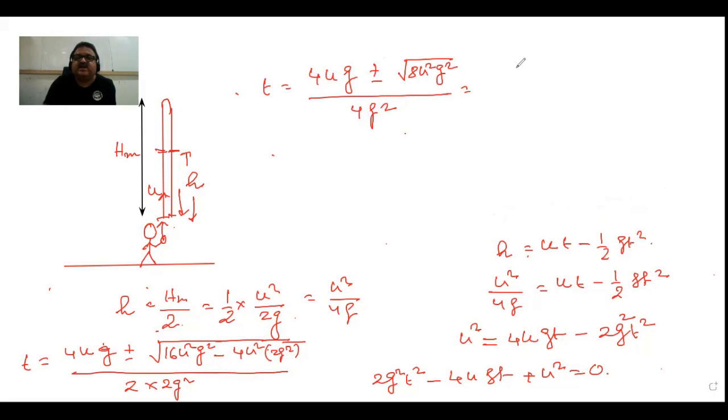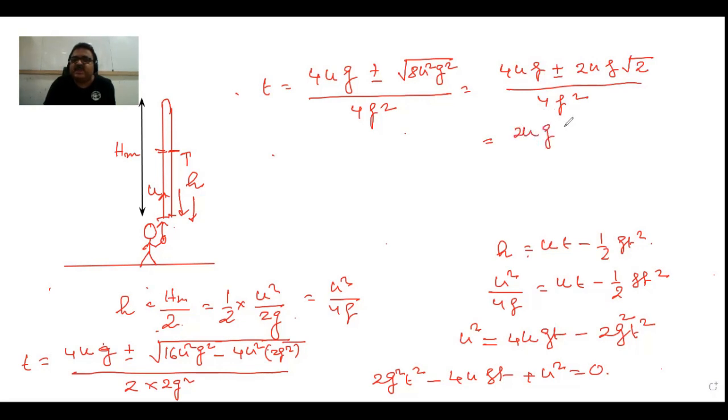I can take 4 out of this bracket, so this will be 4ug plus minus 2ug root 2 divided by 4g square. Now look, 2 gets cancelled, g gets cancelled.